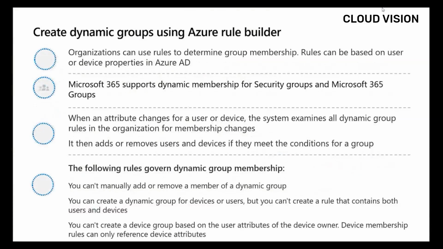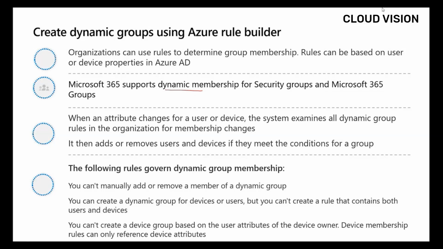As I said, a lot of group types such as dynamic distribution groups and Microsoft 365 groups support dynamic membership. So organizations can create rules to determine the group membership, and rules can be created based on your user or device properties in Azure Active Directory.